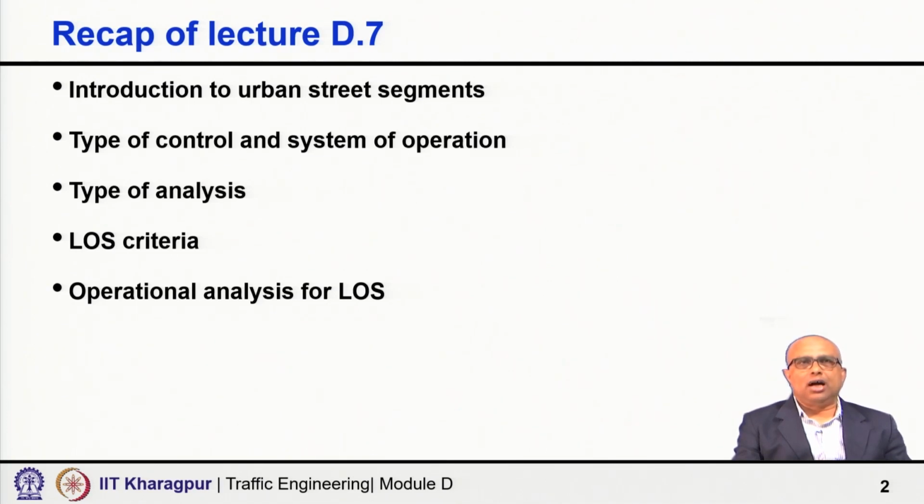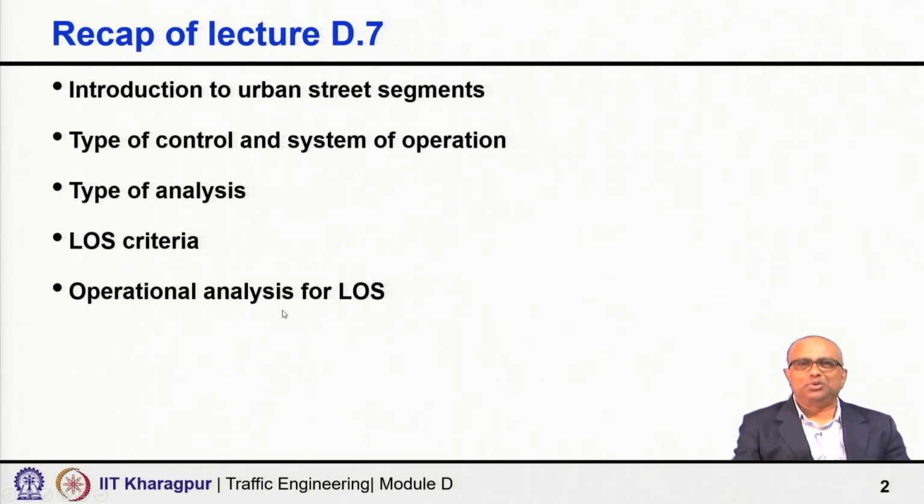In Lecture 7, I introduced to you urban road segments, how we define them, the type of control, various systems of operations, both coordinated and non-coordinated, types of analysis, planning level, design level and also operational level analysis, the LOS criteria and operational level analysis framework for LOS.